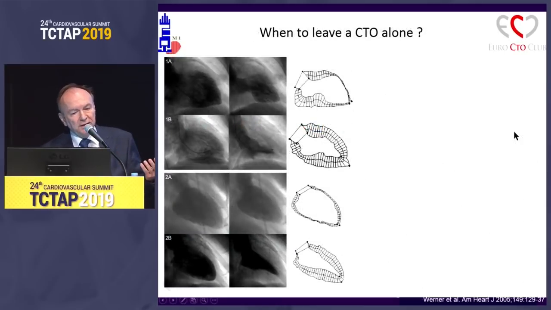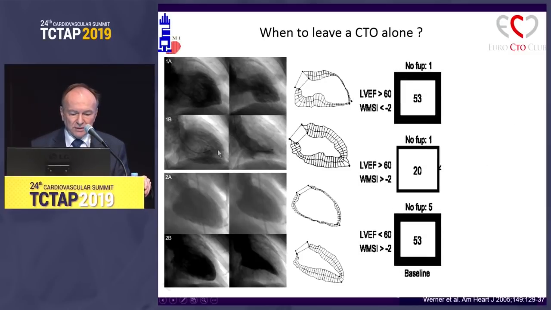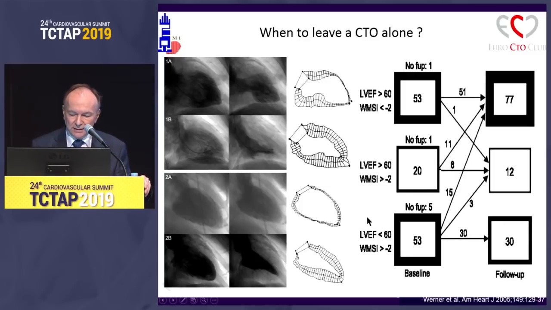And if you look at the CTO dimension, you will have patients with regional dysfunction, with normal function, of course, nothing will improve except symptoms, and with severe global dysfunction. And if we looked at these patients many years ago, then of course there are some that will not improve, and we will have to find out and define these patients so we don't do harm to them.